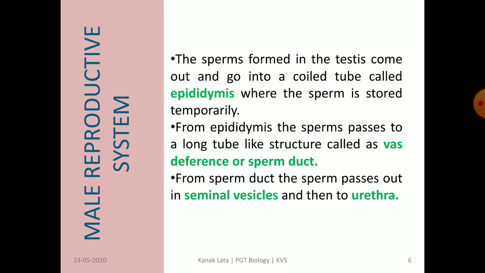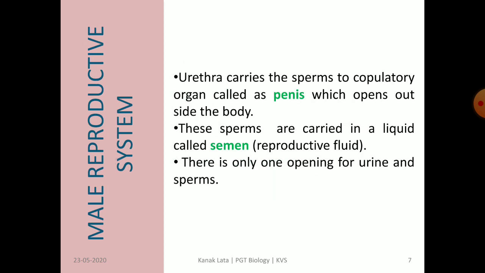From sperm duct, the sperm passes out into seminal vesicles and then to urethra. Urethra then carries the sperm to the penis, which is the copulatory organ, and opens outside the body. Through this organ, the sperm is released into the body of the female.